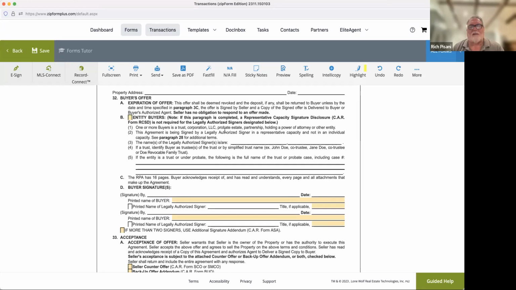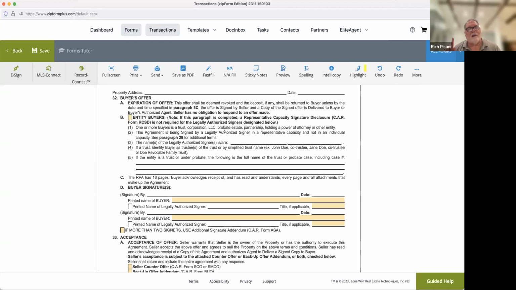If the entity is a trust or under a probate, the following is the full name of the trust or the probate case. So that's where you would put 1234 LLC, Pisani Trust, or Estate of John Doe. That's where you would put the entity name.